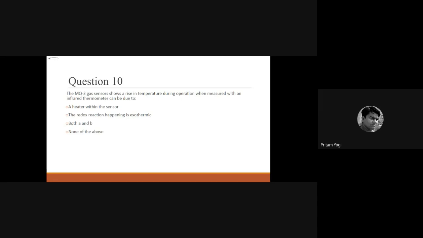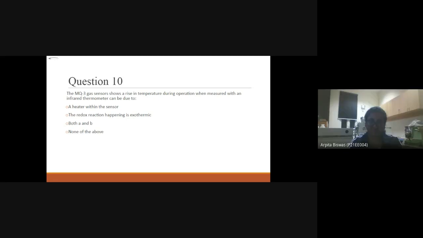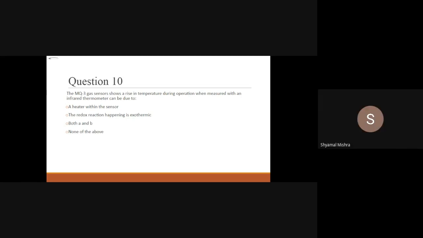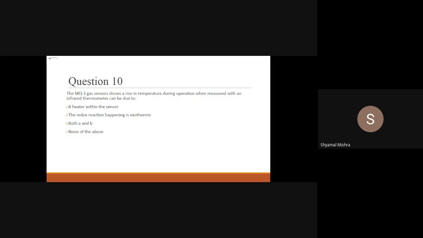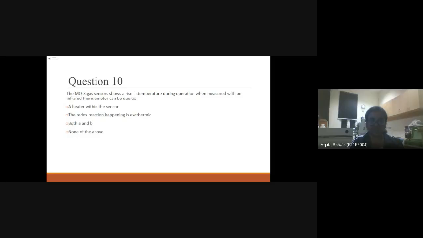It should be, I think, option C. Yes, the right option is C, both A and B, because a heater within the sensor is also a reason and the redox reaction is also happening. So option C is the right option. Can you explain B, ma'am, if it's possible? The redox reaction happening is exothermic. So what is happening in an exothermic reaction?